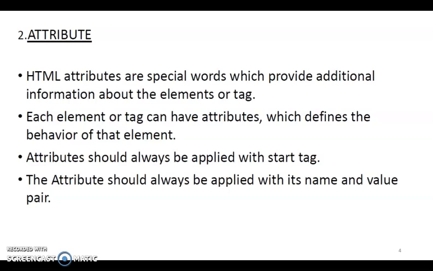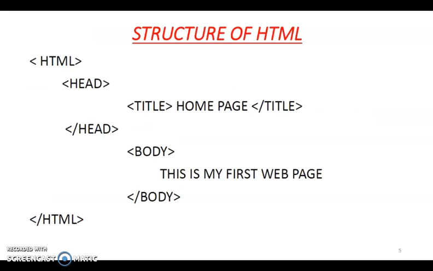Whenever we mention the tag name, after that you mention the attribute of that tag. It is always applied within the start tag. And an attribute has two parts: the first one is the name of the attribute and the second one is the value of the pair.